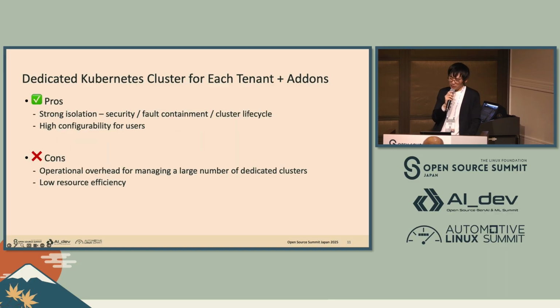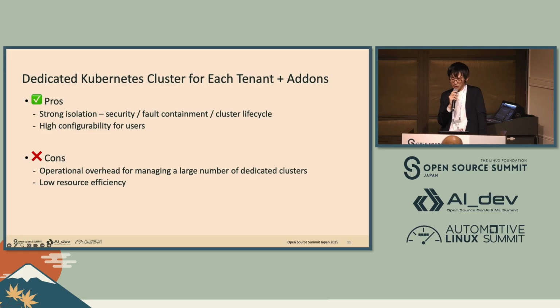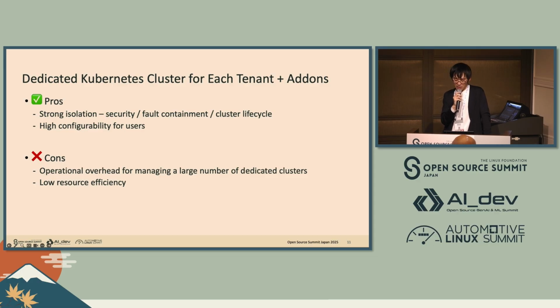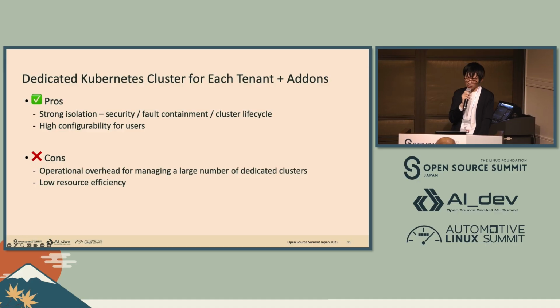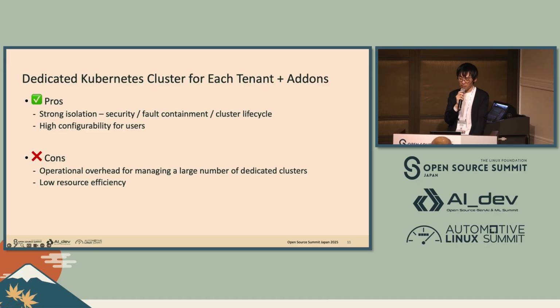And this model has both pros and cons. One advantage is strong isolation between tenants by creating an individual cluster for each tenant. And isolation helps with security, limits the impact when failures happen, and keeps lifecycle operations from affecting other tenants, for example, upgrading a cluster.